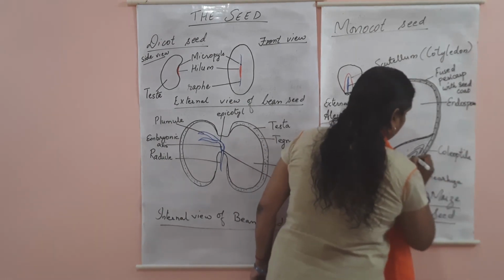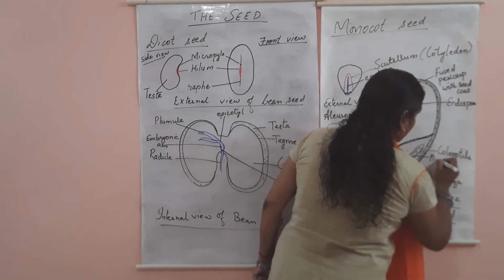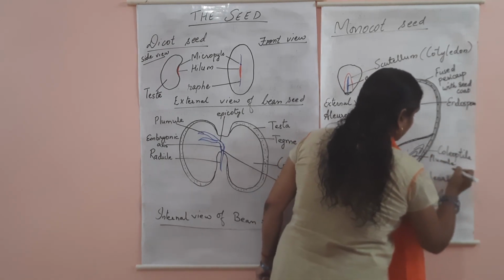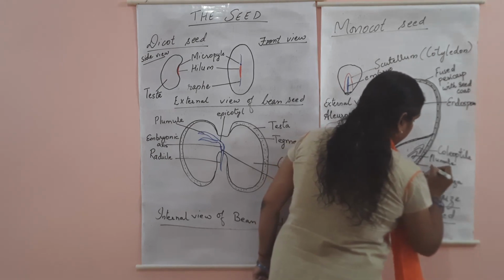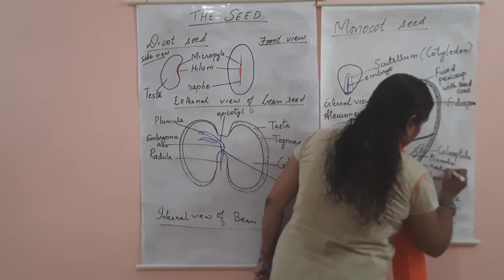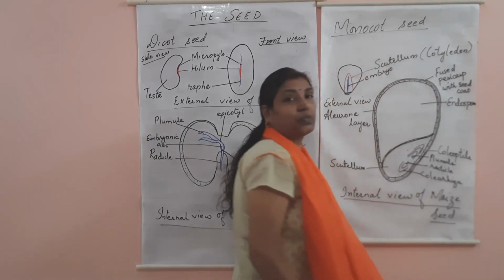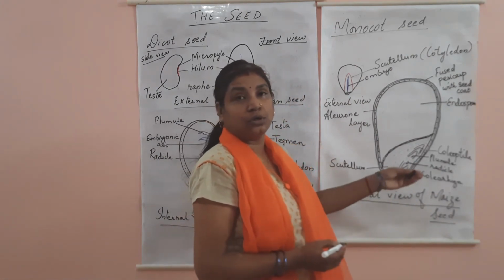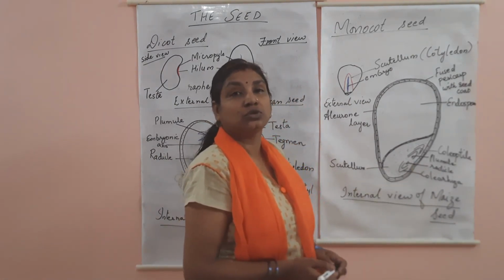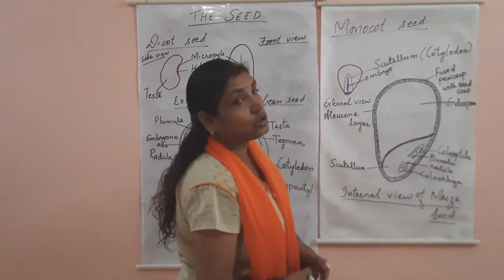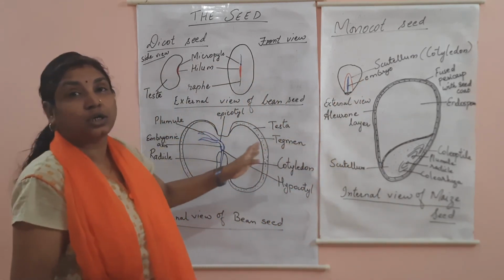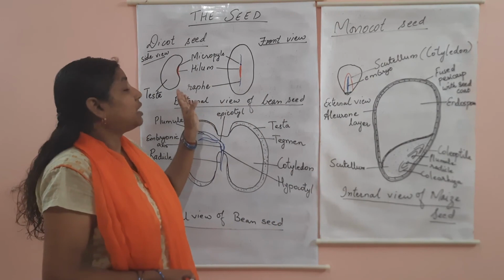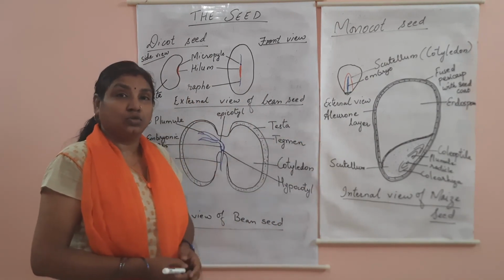And within this are your plumule, the future shoot, and radicle, the future root. The future shoot system and future root system respectively. So this is all about the internal structure of the dicot seed and monocot seed.